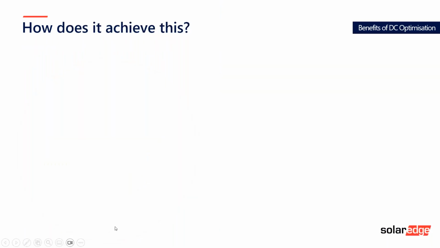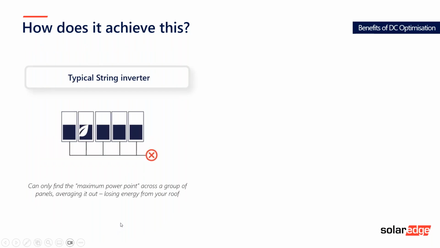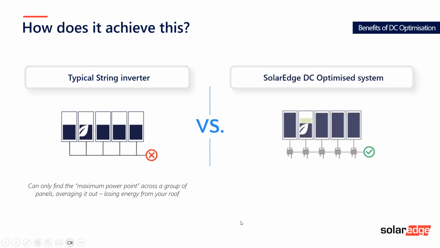How does it achieve this? Really, by adding an optimizer, you're effectively putting a power point tracker on every module. If we look at traditional string inverter systems, they just don't have the resolution to control individual panels on the roof, because there's only a single tracker per string.